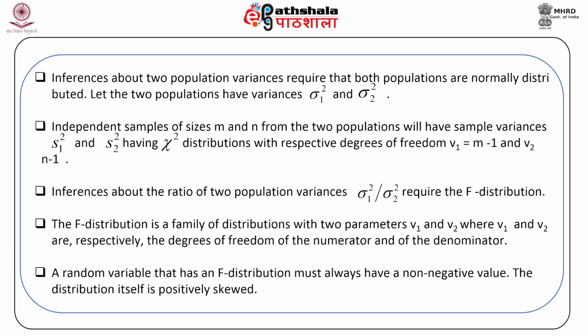Inferences about the ratio of two population variances, that is sigma 1 square upon sigma 2 square, require the F distribution. The F distribution is a family of distributions with two parameters nu1 and nu2, where nu1 and nu2 are respectively the degrees of freedom of the numerator and the denominator. A random variable that has an F distribution must always have a non-negative value.